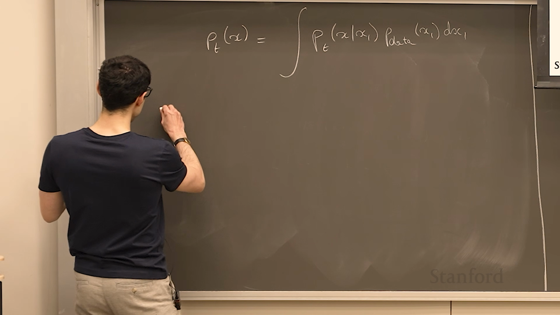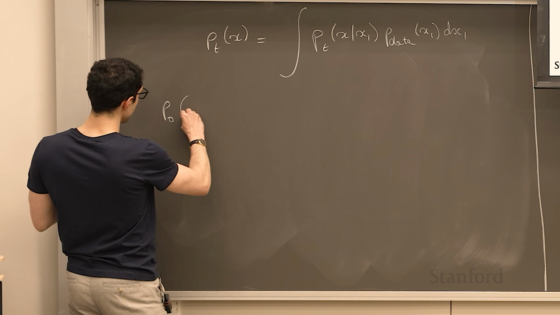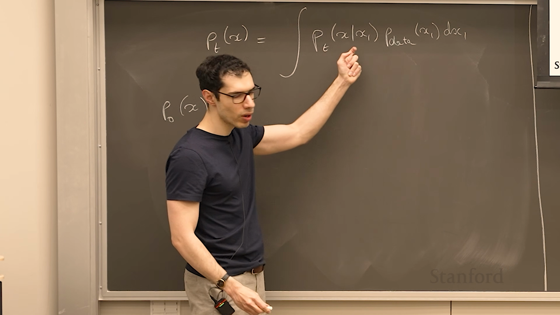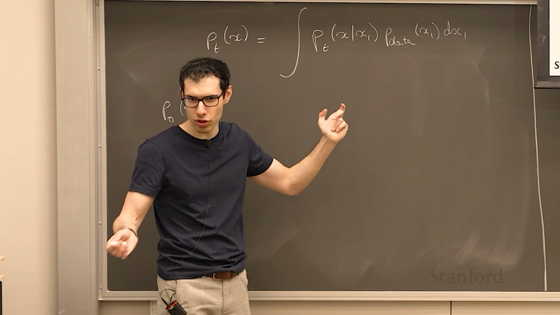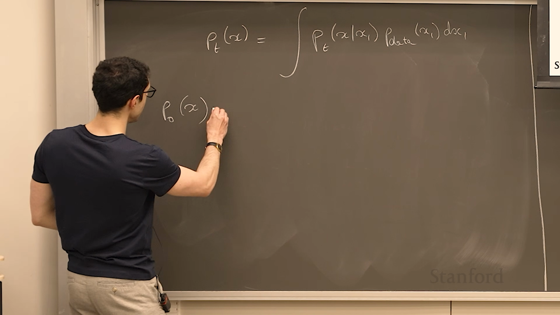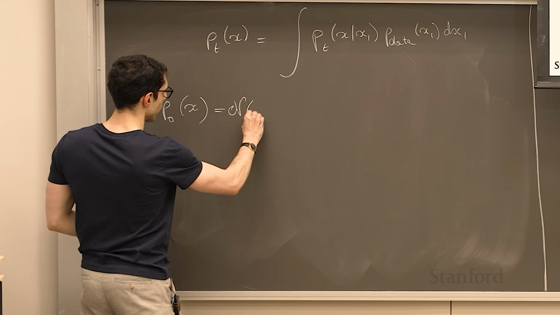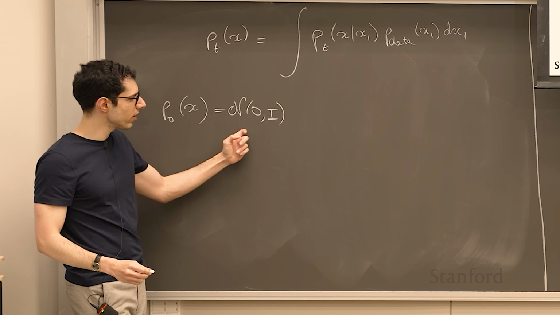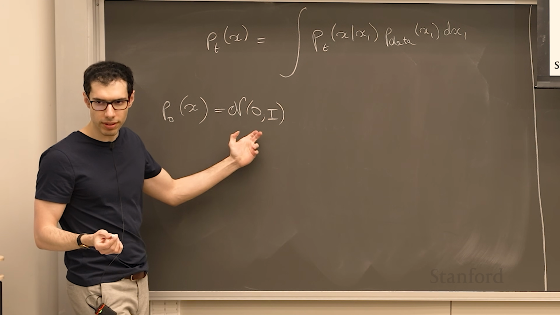We notice that p0 of x given x1 is just the standard normal distribution, p0. So this is indeed the initial data distribution, the standard Gaussian.